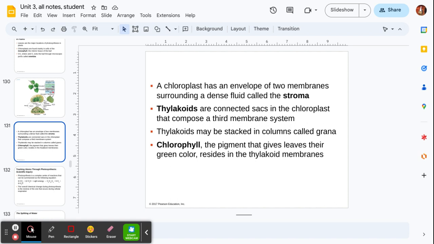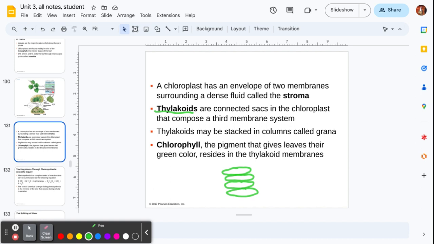The very inside layer of the chloroplast is these things called thylakoids. Thylakoids. They kind of look like stacks of pancakes, but they are actually connected to each other.